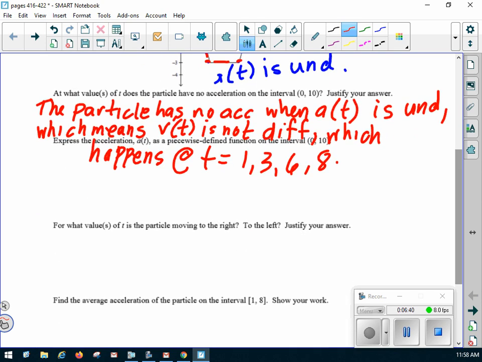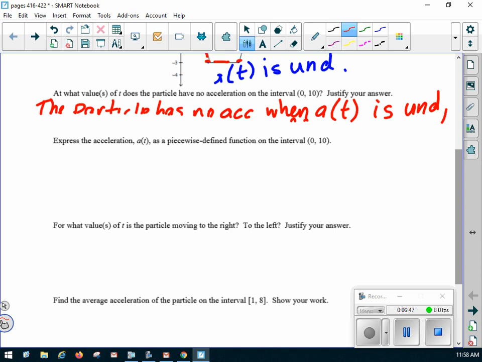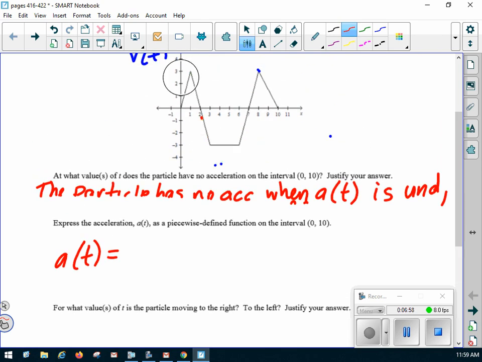Okay, express the acceleration as a piecewise function on the open interval 0 to 10. Well, that ain't hard. Just consider this any old function.